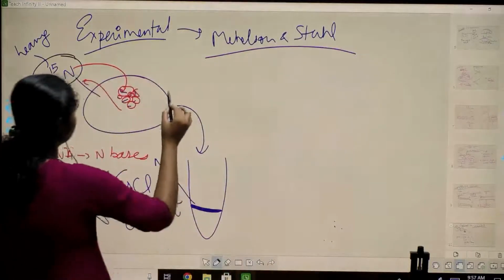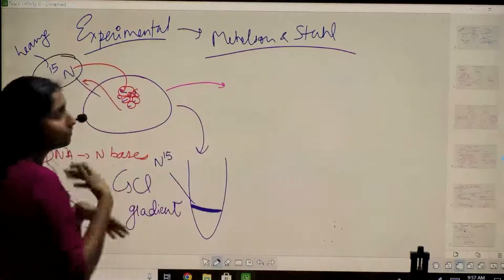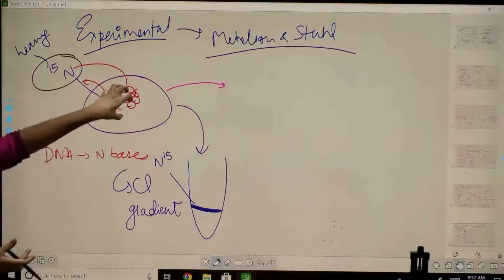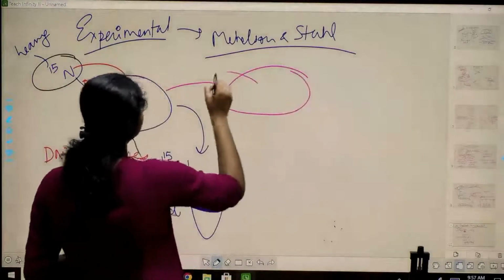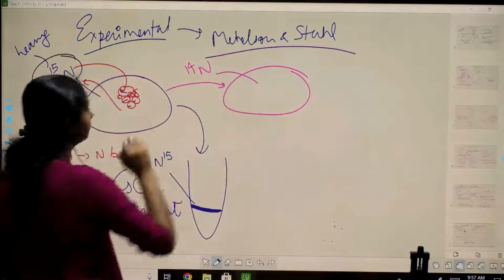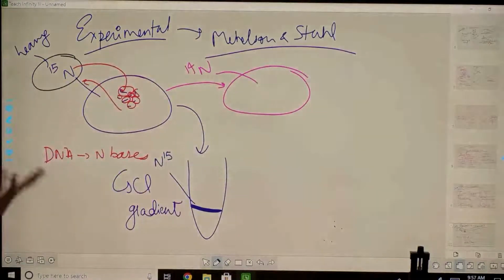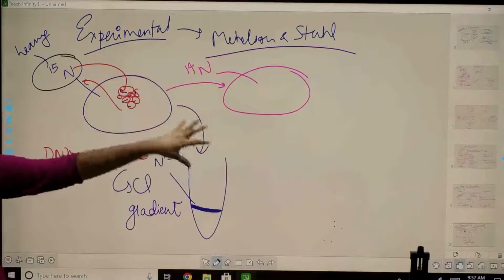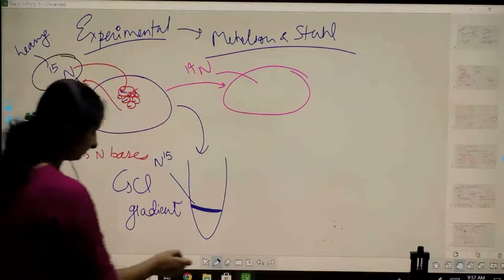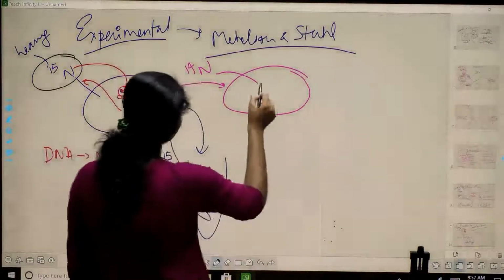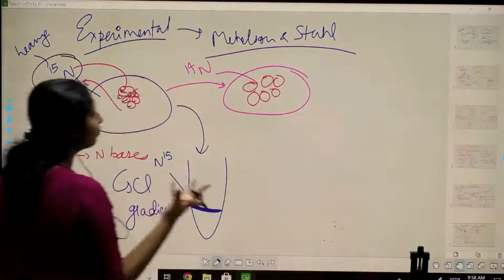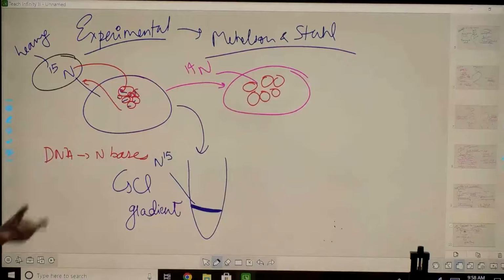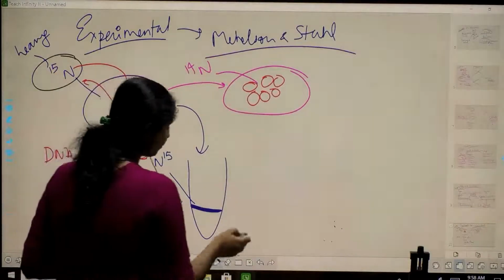Now what they did is after some generations, they transferred this bacteria into another medium. Now this medium contained only N14. Now N14 is the lighter isotope of N15. After growing the bacteria for some time in N14 medium, again they centrifuged it.